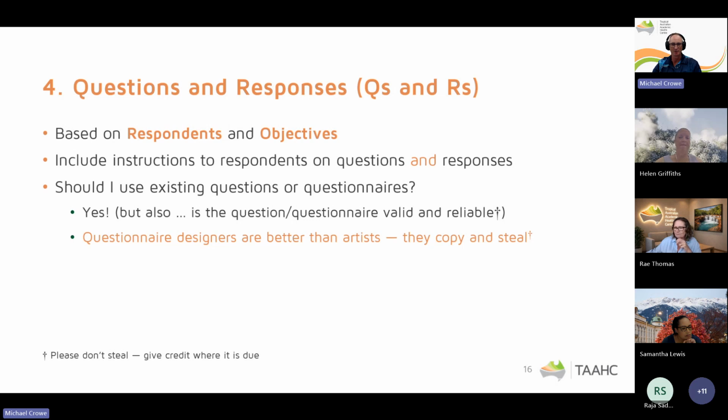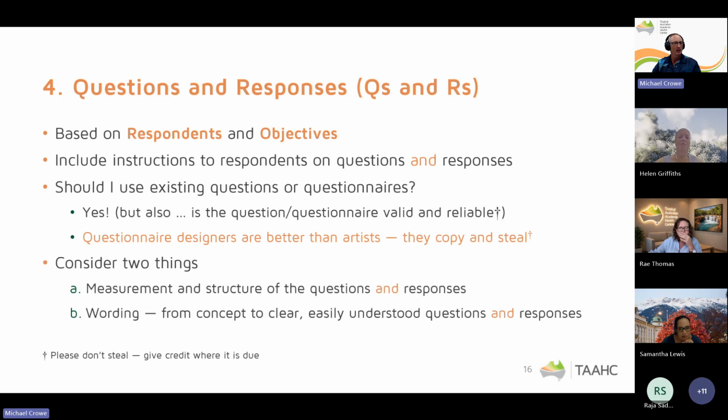Please use existing ones. There's a semi-quote that good artists copy and excellent artists steal. Well, in questionnaire design, excellent questionnaire designers just steal the whole thing and copy, because it's easier if you've got stuff that exists already than making it all up yourself.